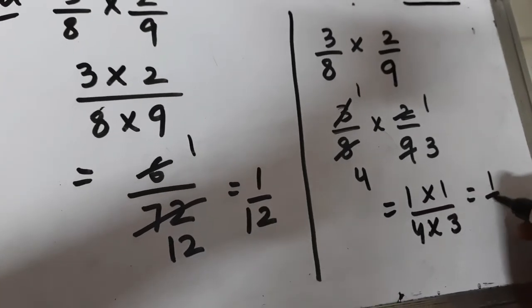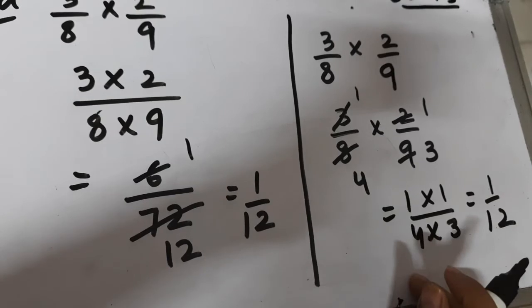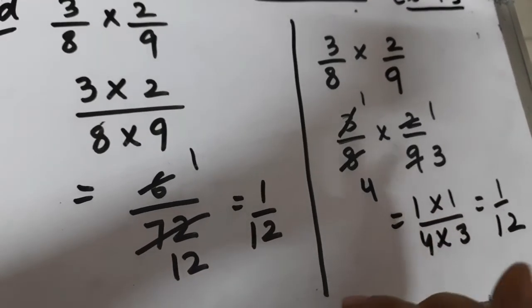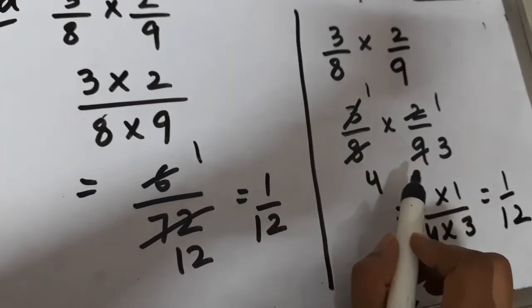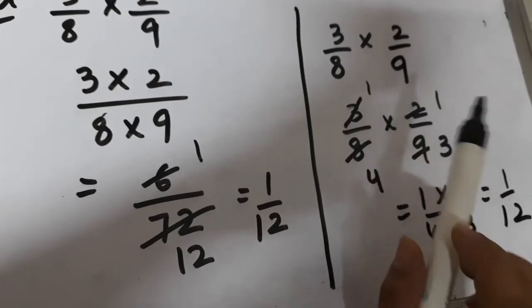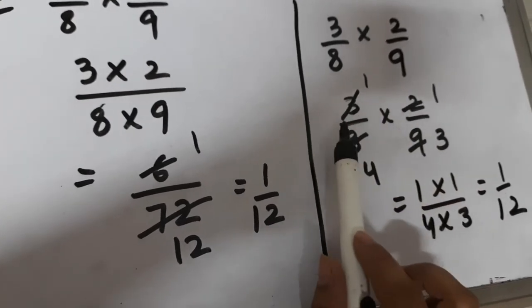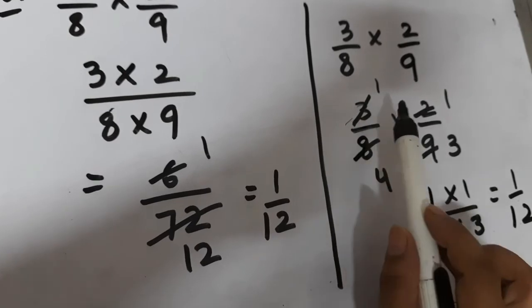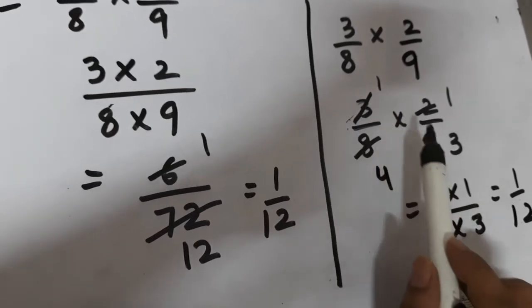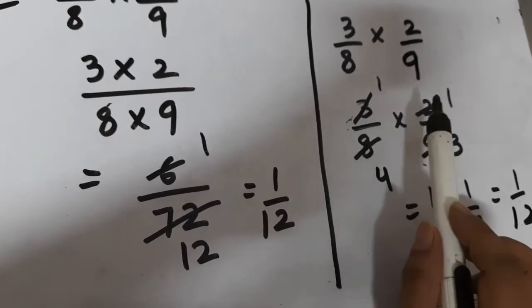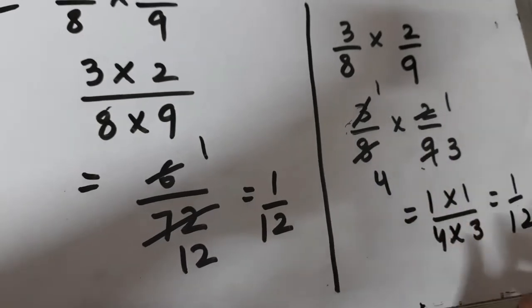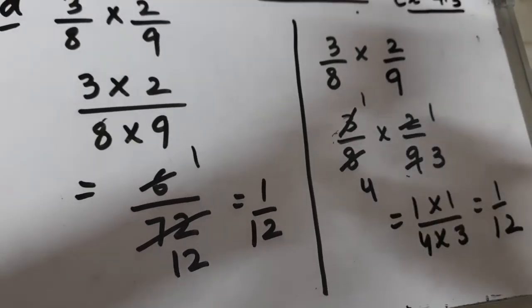So this will be 1 upon 12. You can solve by any method. And one thing you have to keep in mind that we simplify the numerator with denominator only, not the numerator with the numerator. Whenever we have to cancel something, we will cancel the numerator with the denominator, we cannot cancel the numerator with the numerator. This thing you have to keep in mind.